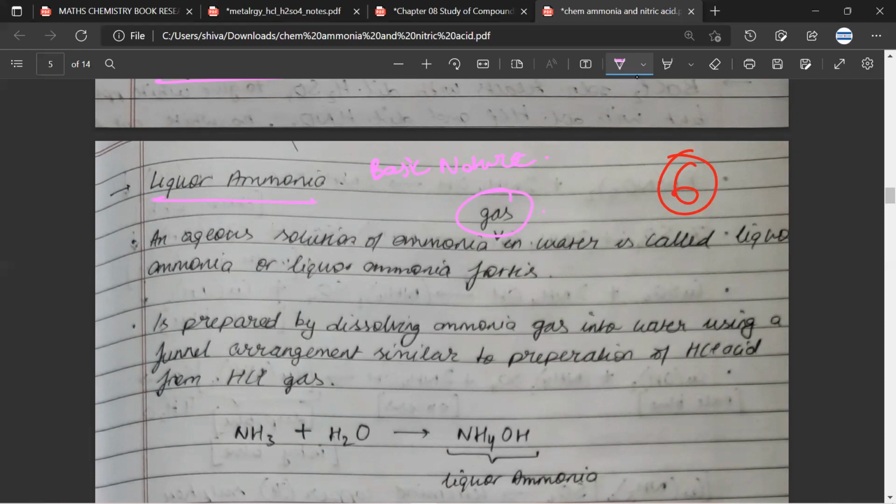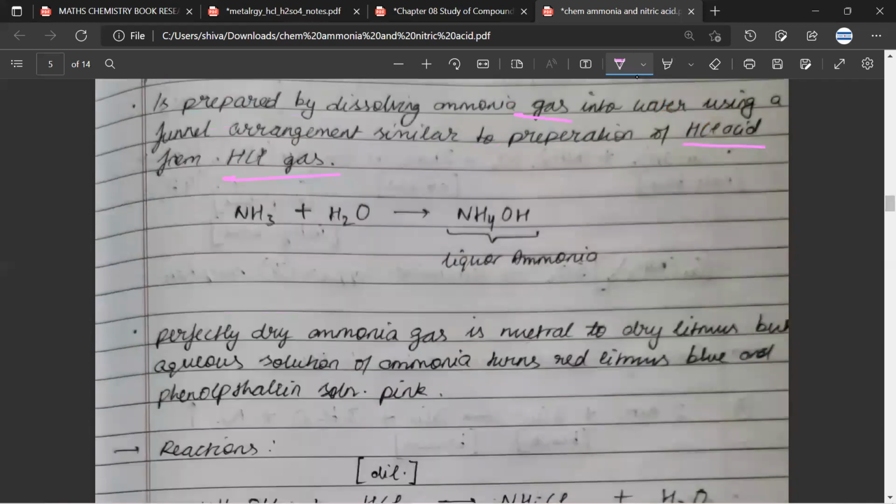An aqueous solution of ammonia gas in water is called liquor ammonia or liquor ammonia fortis. It is prepared by dissolving ammonia gas into water using a funnel arrangement similar to the preparation of HCl acid from HCl gas. So this is the reaction that is mentioned: NH3 plus H2O gives NH4OH, which is also known as liquor ammonia or ammonium hydroxide.